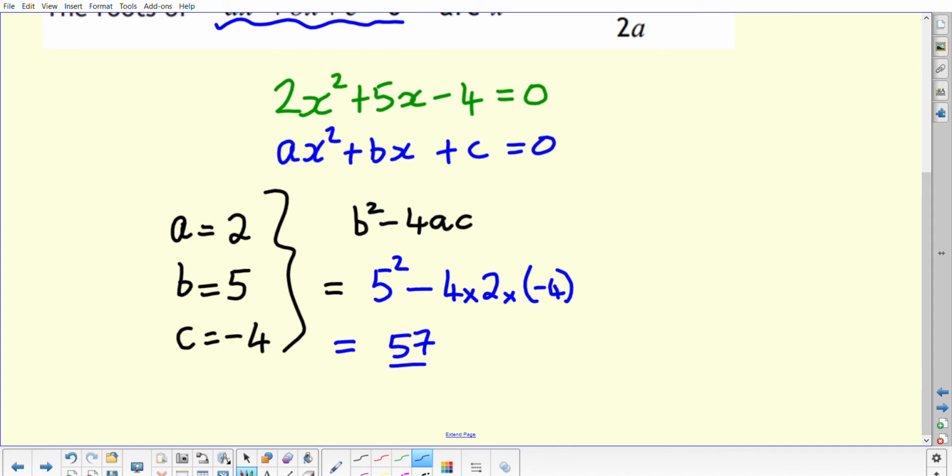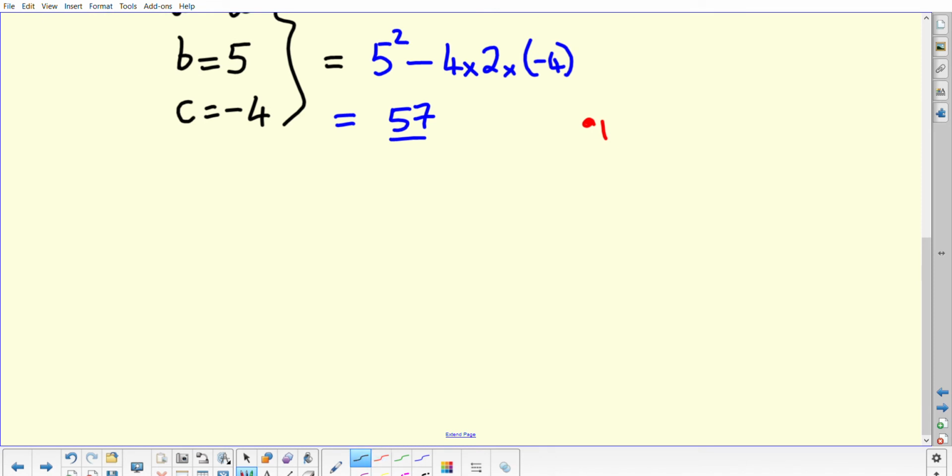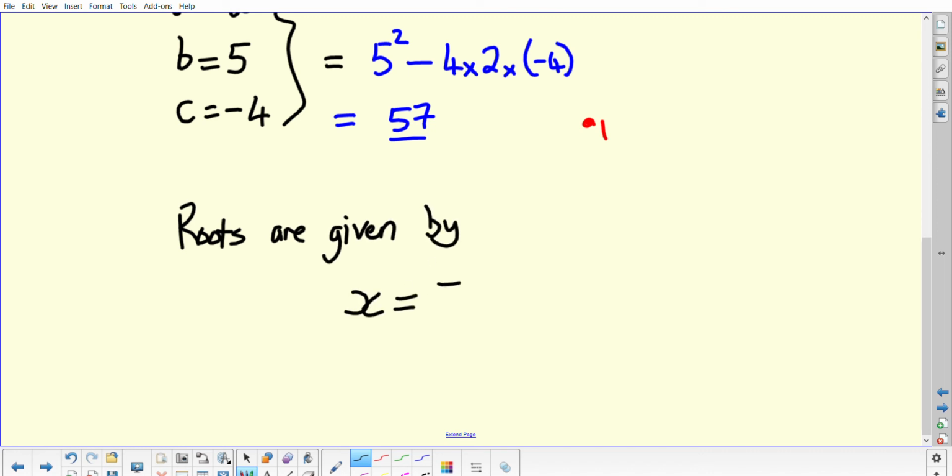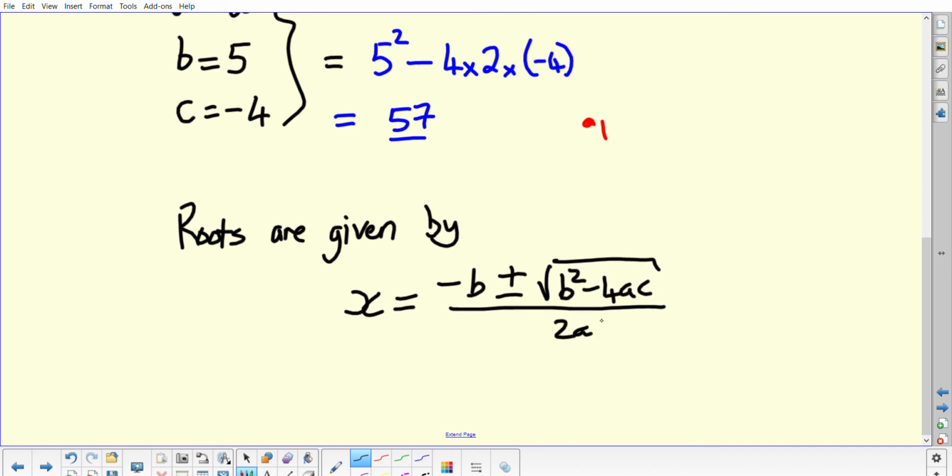and you get a mark for working out that value of b squared minus 4ac. The next mark is for actually subbing into the big expression. So when you see the formula written down, your roots are given by this expression, x equals negative b plus or minus, and that's just a convenient way to save writing out this big formula twice.